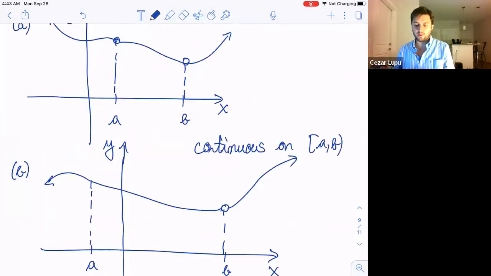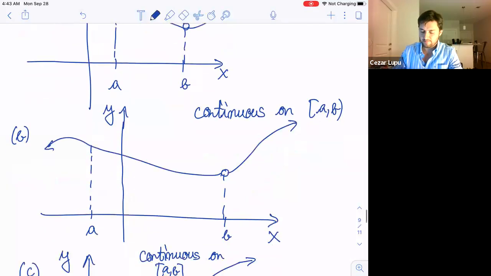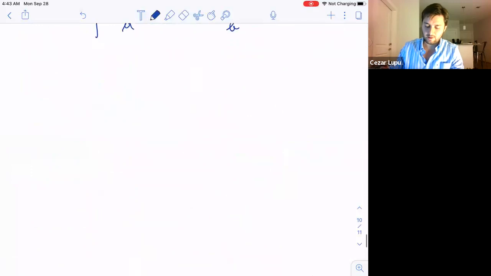We see the definitions of continuity on an interval, and we can see some examples. Let me draw some pictures. So, examples.